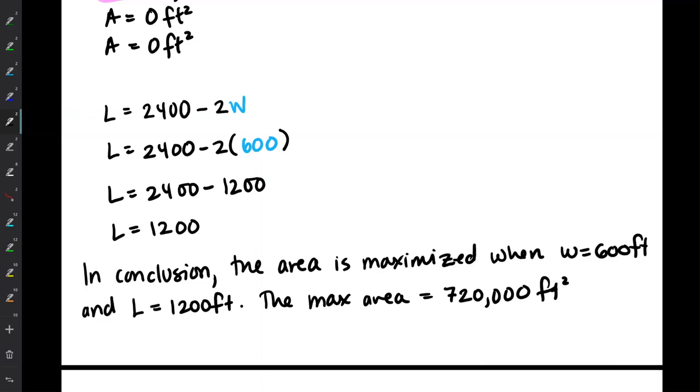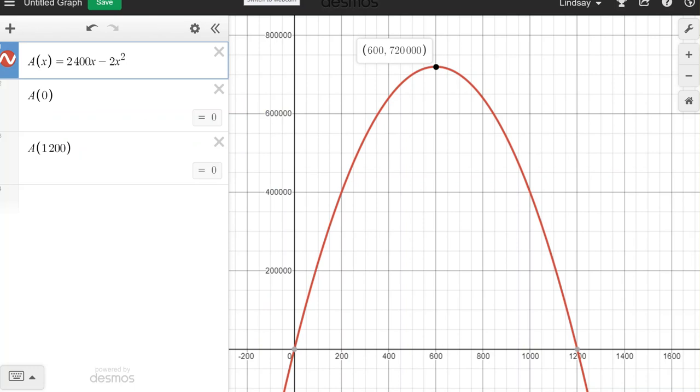All right, now if we look at the graph, here is my area function in terms of, I'm writing an X for Desmos, but that's what we had for W, for our width. When my width was 0, my area was 0. When my width was 1,200 feet, my area was also 0. The max here is occurring, because this is a parabola opening down, the max occurs at the vertex. So when the width is 600, the absolute max area is 720,000 square feet.